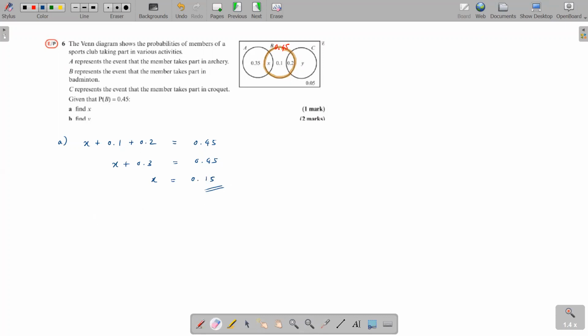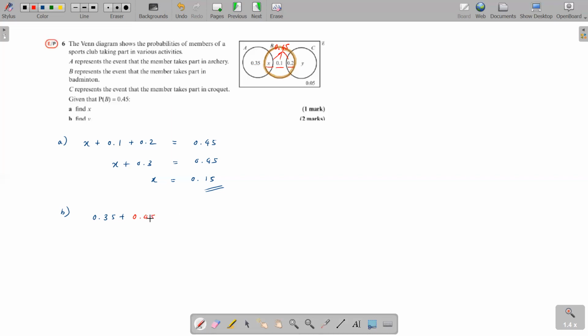All right, and then moving on to part B, find y. So to find y, I think the thing is pretty clear. What we need to do is go with the fact that total probability must equal 1. So 0.35 plus the 3 regions, x plus 0.1 plus 0.2. Instead of writing these 3 individually, I can say that the 3 of them add up to 0.45.